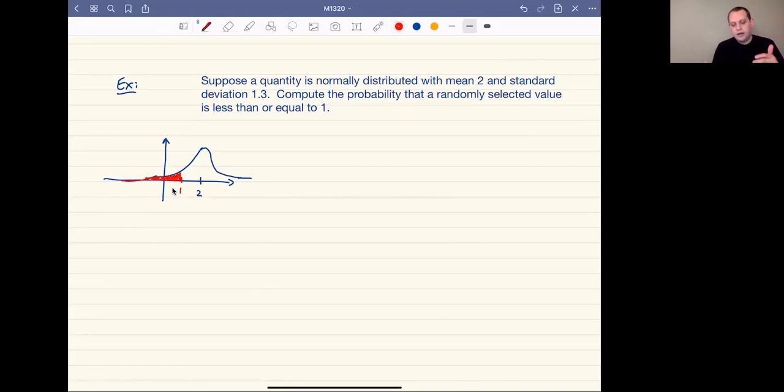Now, a few things that I want to mention. The area under the total curve is 1. The curve is symmetric about the line x equals 2. What that means is that this area should be less than 1/2, because the area from negative infinity all the way up to 2 should be exactly 1/2.